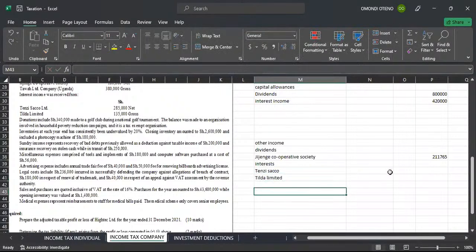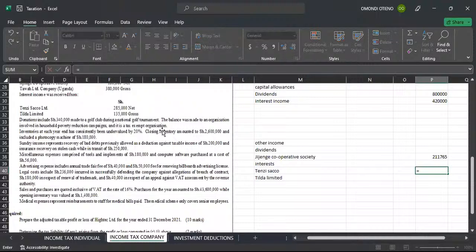Whatever was received from Tenzi Sacco here is net. So we adjust the missing 15%. The real value we will put: if 85% is equal to this, what will 100% be?